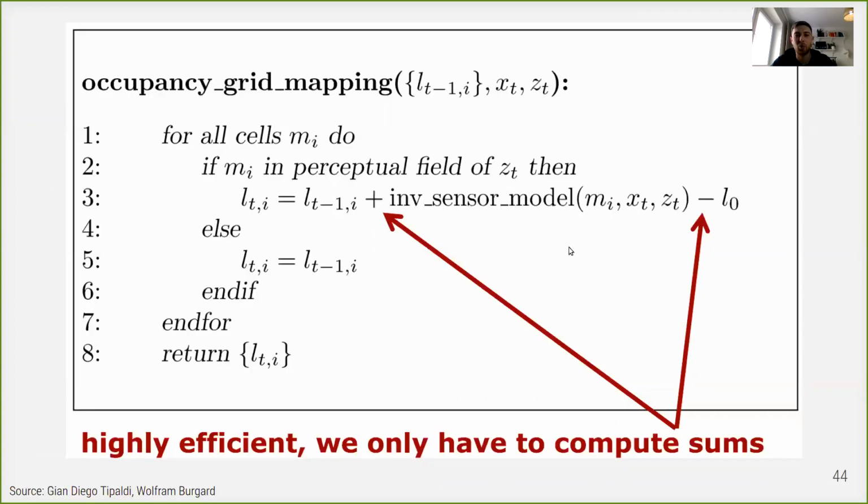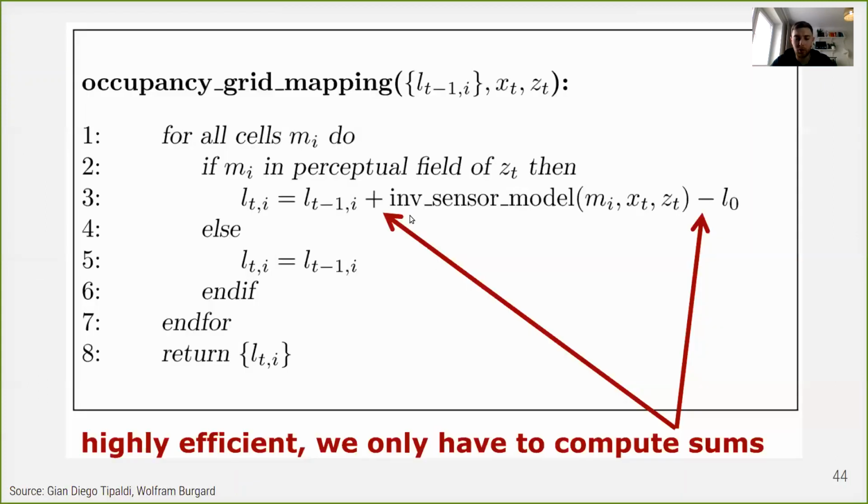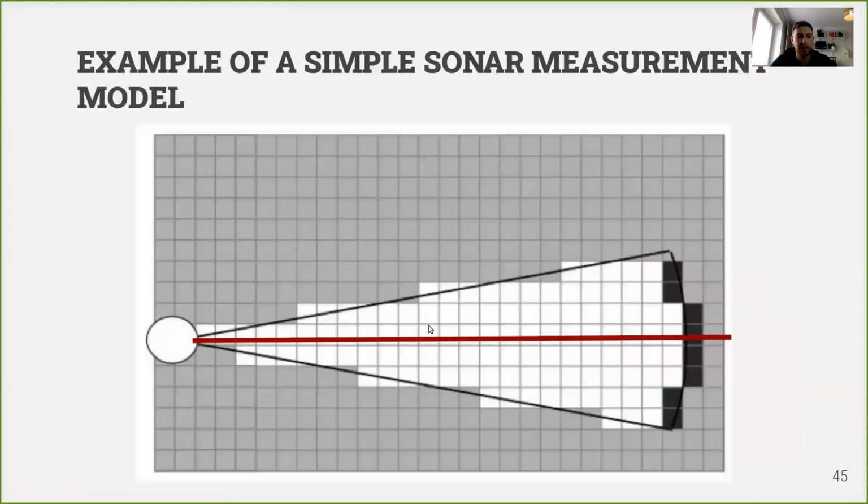But for us, it's just much more convenient to use logarithms, because here we have a plus instead of a product. And you all know, I guess, that summing is much more computationally efficient than multiplication in any programming language. So that is why we want to use summation instead of multiplication.